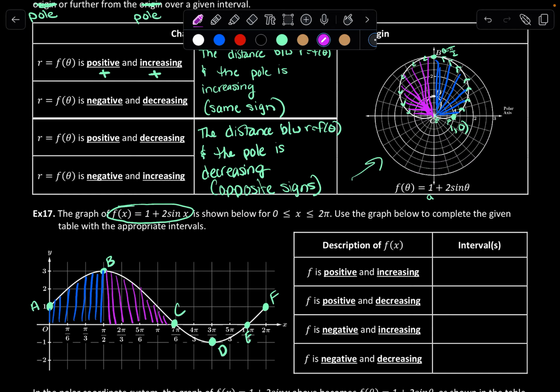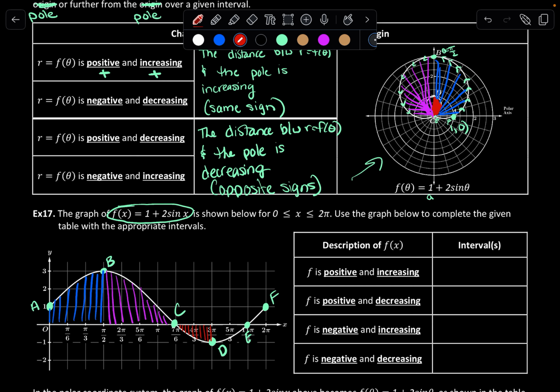Then as we pass, we are now negative and we're decreasing. We'll make this the red here. We are negative and we are decreasing here, which means that the distance from the pole to the curve is increasing. Because even though I'm going away, it is negative, so those two have the same sign, therefore the distance is growing.